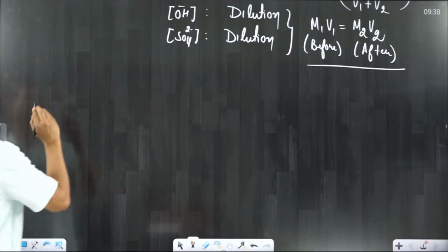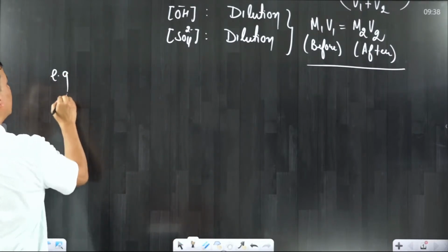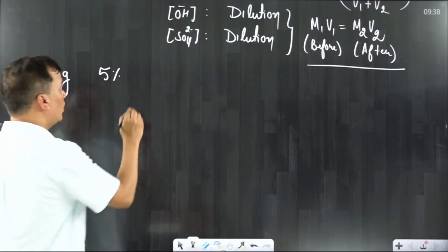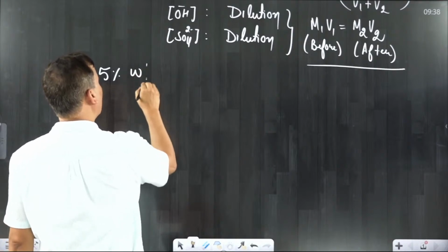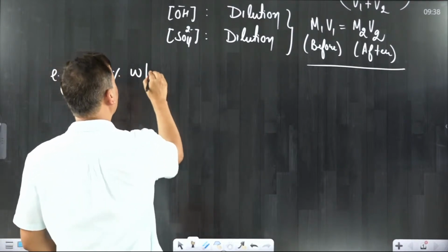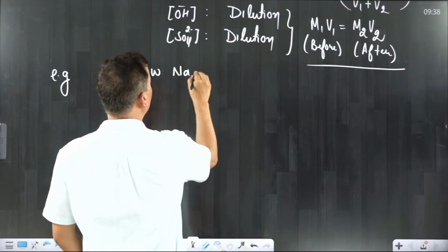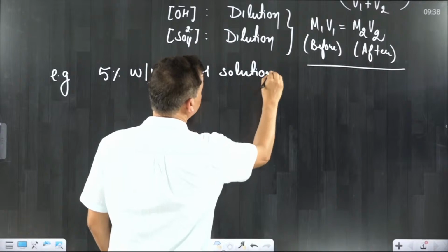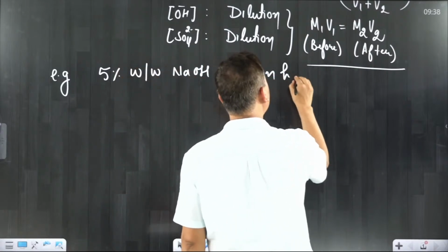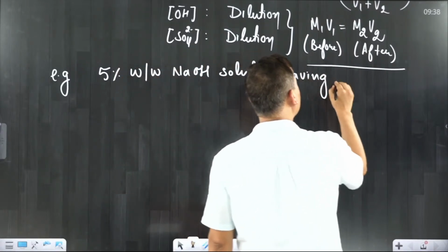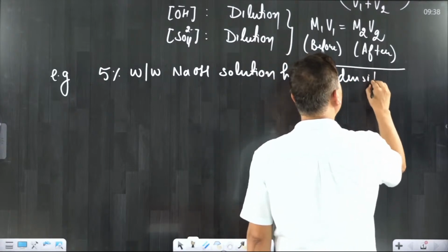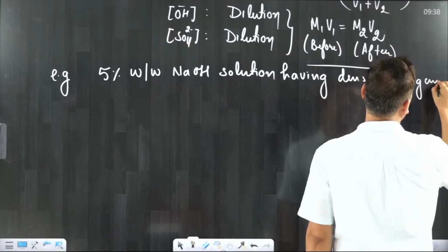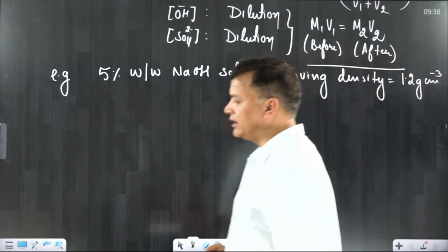For example, I am taking a 5% weight by weight NaOH solution, having a density of 1.2 gram per centimeter cube. Then we have to calculate its molarity.